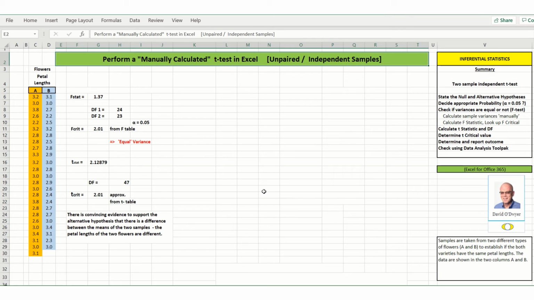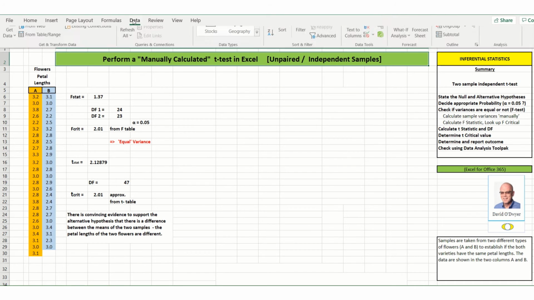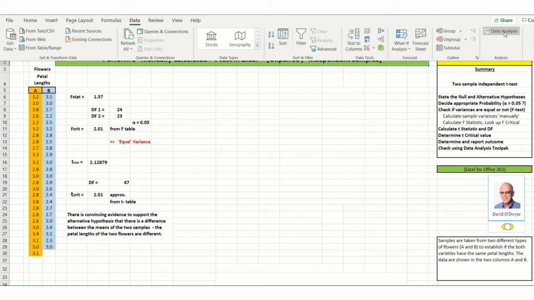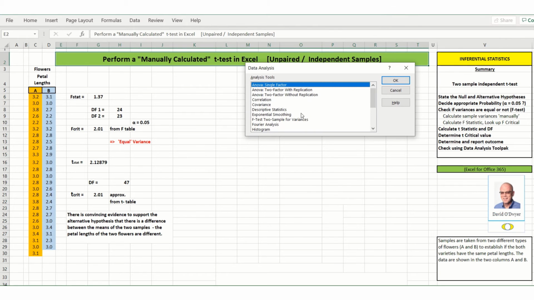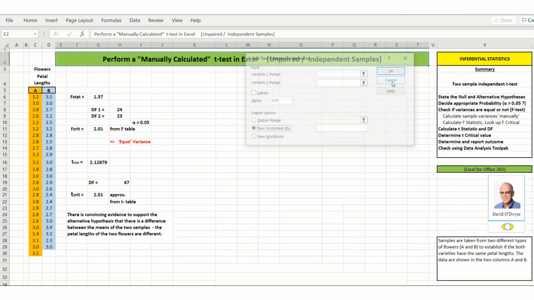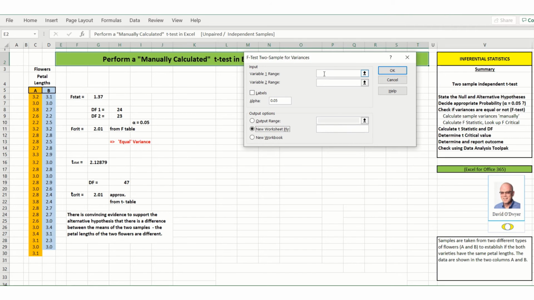So having done that, we might like to have a look at our Data Analysis ToolPak in Excel to see whether it confirms our figures. If we start with our F figures, the way we would do this is we click on Data, and then we go over here to the right to Data Analysis, and we choose F-Test Two-Sample for Variances. Say OK, and then we need to put in our data.